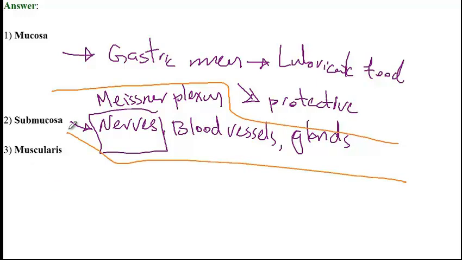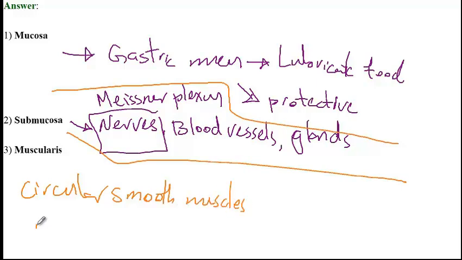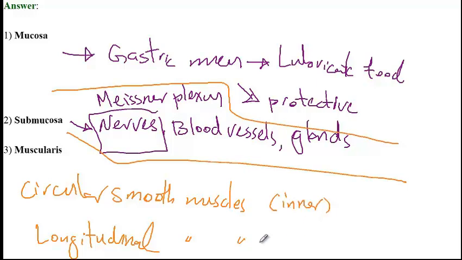Next, we have the muscularis layer, which mostly consists of an inner layer of circular smooth muscles and an outer layer of longitudinal smooth muscles. So this was the inner layer, and the outer layer is longitudinal smooth muscle.